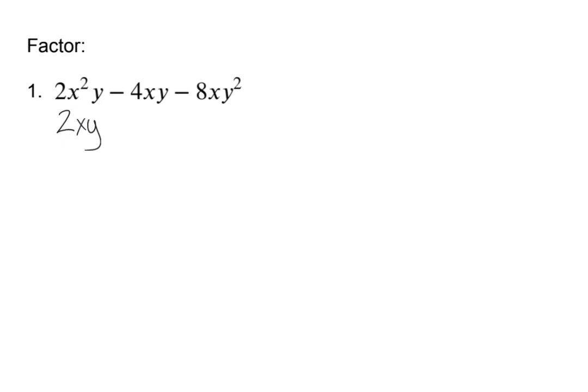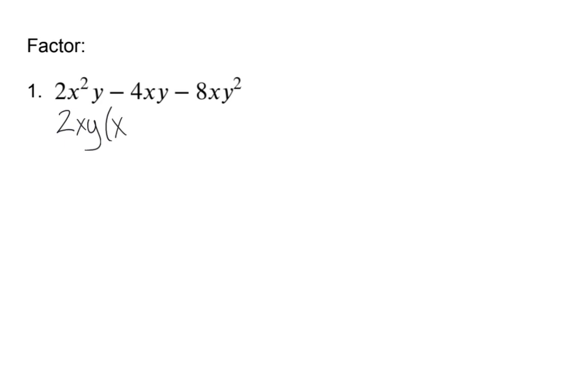Now our next job is to put in parentheses what would be left. So if I pull a 2xy out of this first term, what would be left? Well, the 2 has come out, and x has come out. Now there were x squared, or 2 of them sitting there, so that means I'm going to have one x still in there.